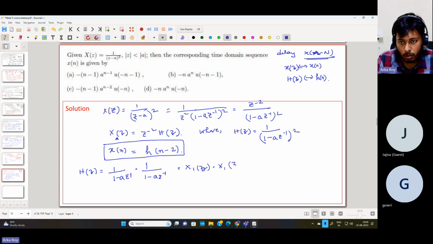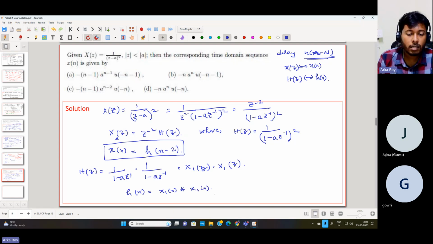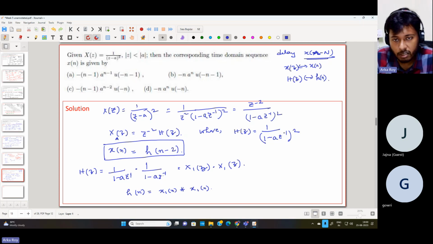So this will be X1 of z. Fine. So if I take the inverse Z transform on both sides, it will be x1 of n convolved with itself. So I just need to find the convolution of the inverse Z transform of these particular representations.